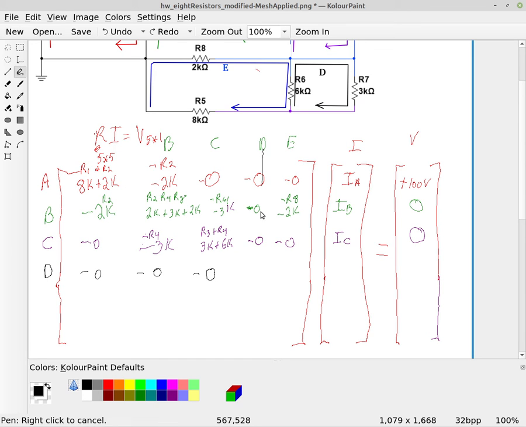And then D, so this is the D column and the D row. And there, that's where we put in all the resistors that D touches. So that's R6 and R7. And so that's a 6K and a 3K.